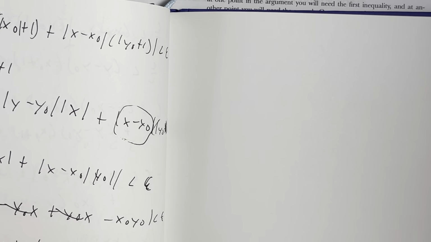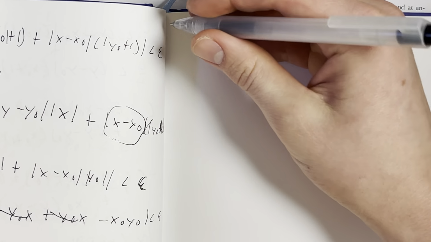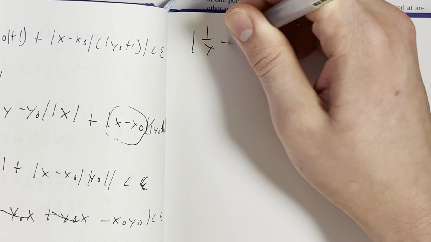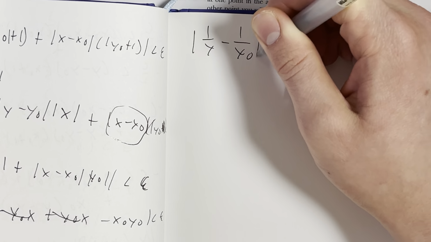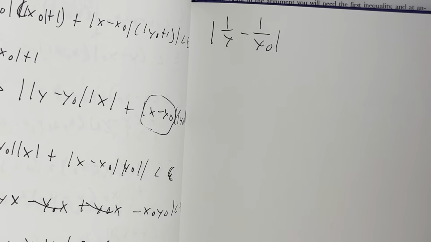Okay. Then we want to show that the absolute value of 1 over y minus 1 over y0 is less than epsilon.